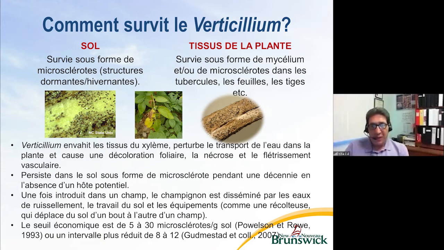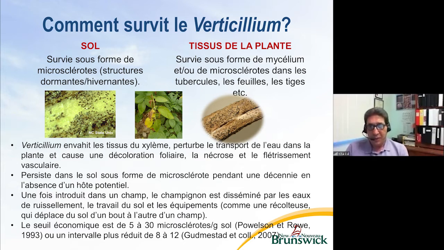So how does Verticillium affect the plant? It invades the xylem tissues, and it disrupts water transport and supply in the plants. And it causes foliar discoloration, necrosis, which is death of the tissues, and also vascular wilt. And it persists in the soil as microsclerotia for a long time, for more than 10 years, in the absence of a susceptible host.